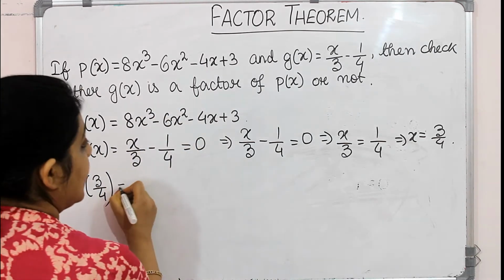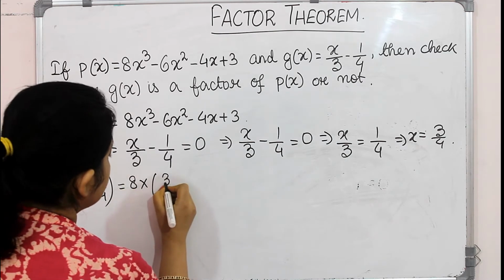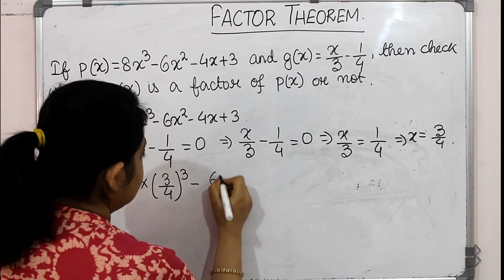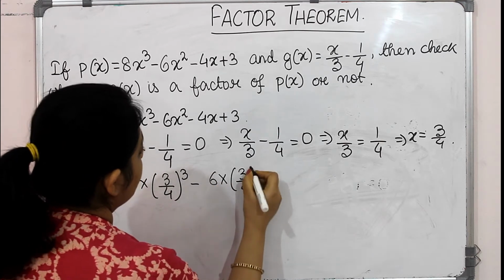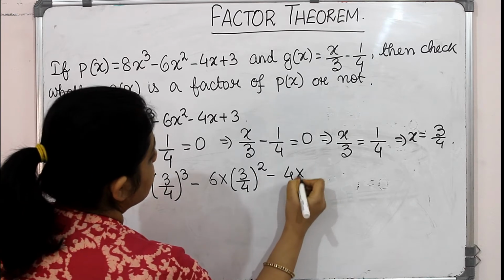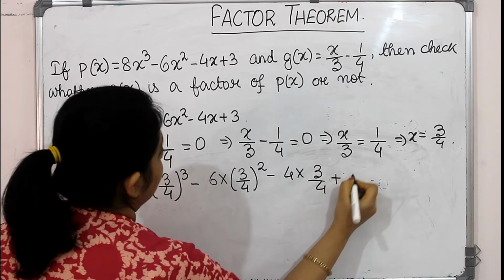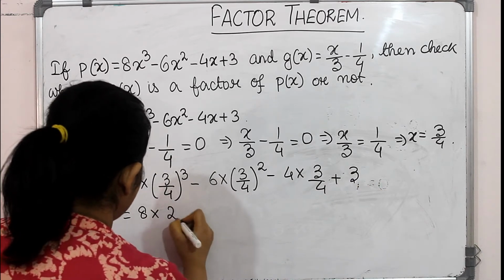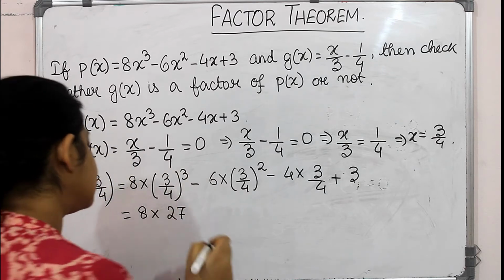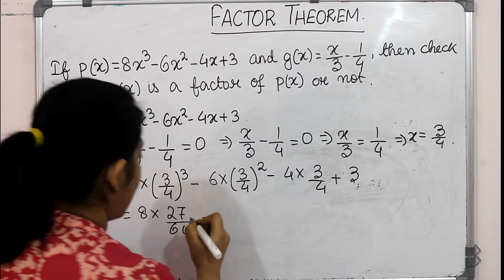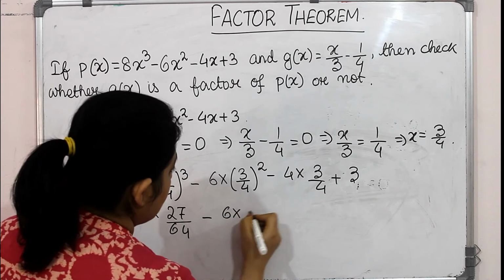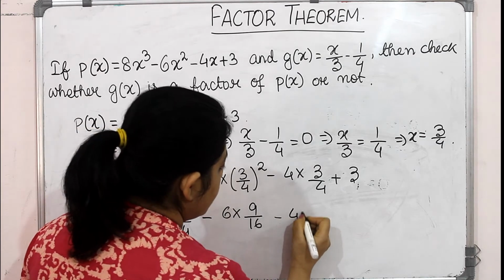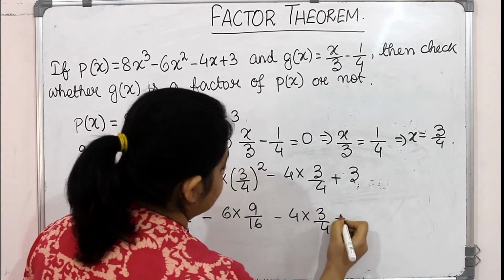So we have 8 into (3 by 4) whole cube minus 6 into (3 by 4) squared minus 4 into 3 by 4 plus 3. So this you will get as 8 into 27 by 64, minus 6 into 9 by 16, minus 4 into 3 by 4, plus 3.